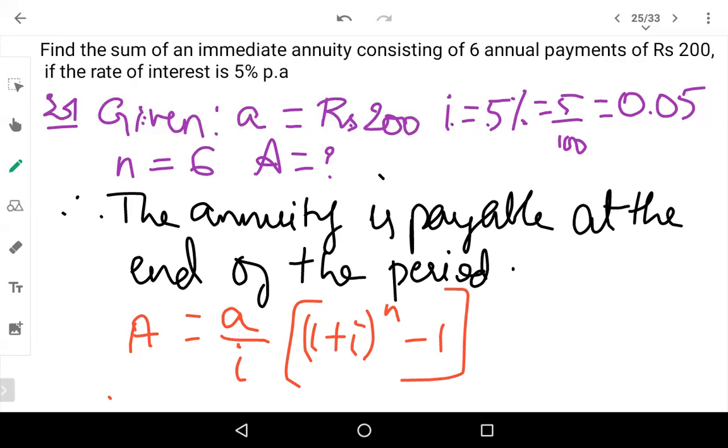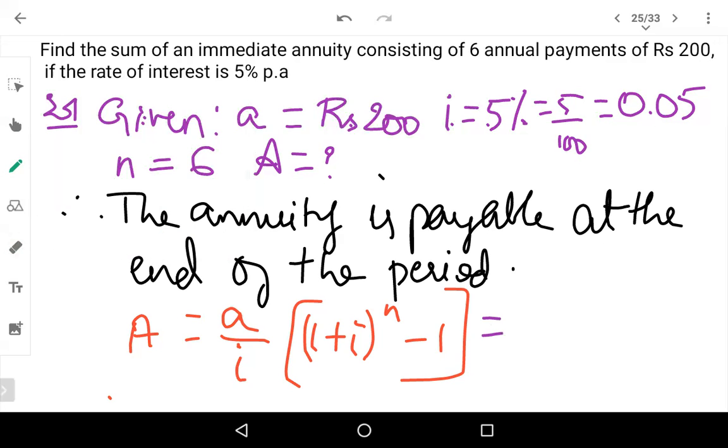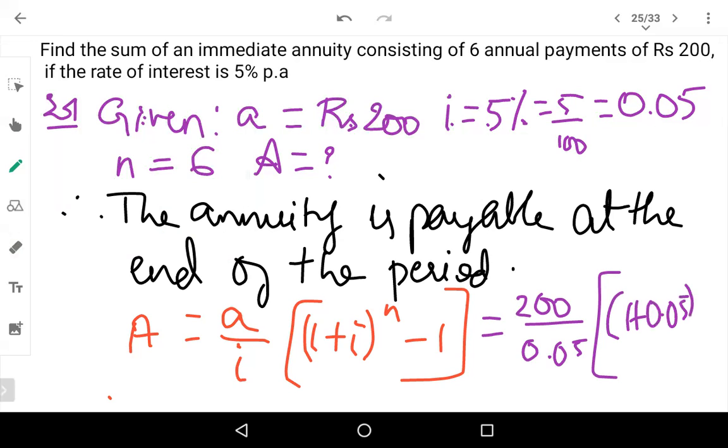Now let us apply all the numbers that we have. A is 200 divided by i, which is 0.05, into (1 plus 0.05) to the power n, which is 6, minus 1.